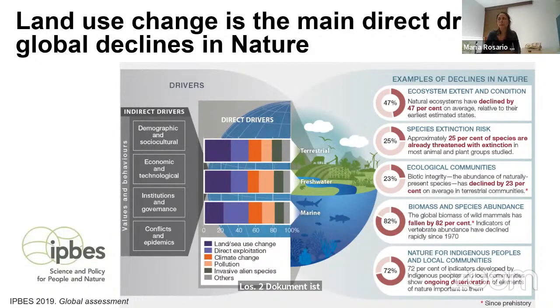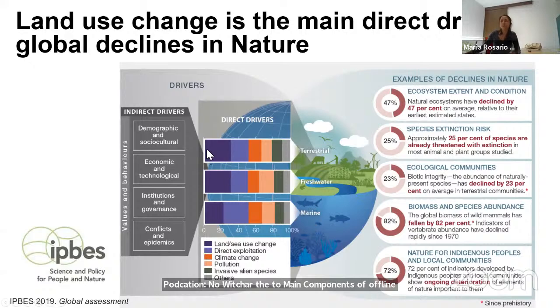Something that comes out very clearly in this global assessment of 2019 is that the main driver of global declines in nature is land and sea use change and direct exploitation, which are the two main components of land management. And this is true not only for terrestrial, but also for freshwater and marine ecosystems.